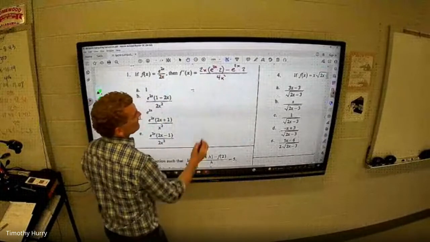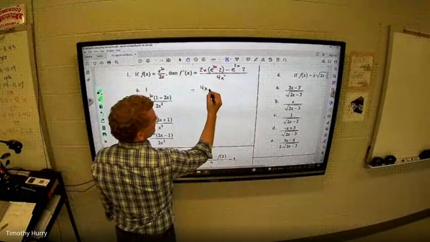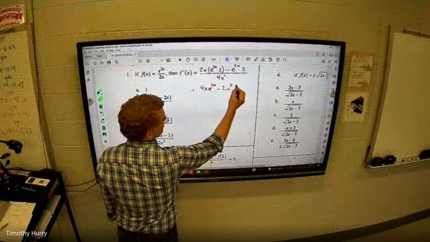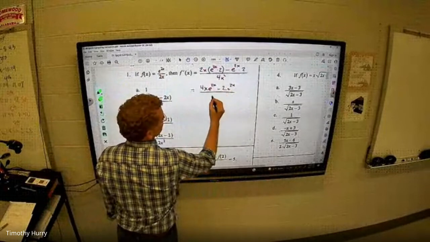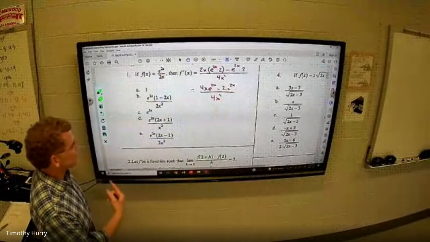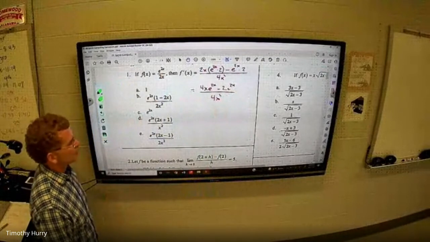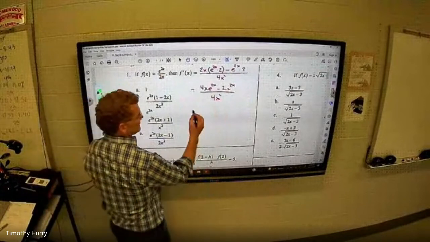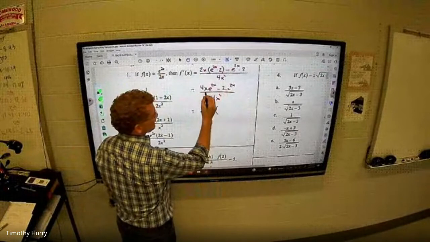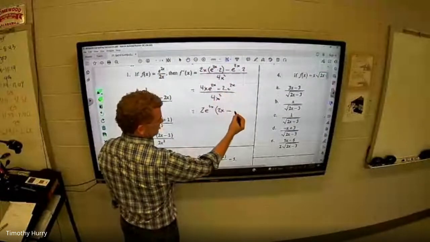So cleaning that up, I end up getting 4x e to the 2x minus 2 e to the 2x over 4x squared. But you can see that they've simplified this. So what does it look like that they've done? e to the 2x out of the top, maybe even a 2 e to the 2x out of the top, leaving me 2x minus 1.